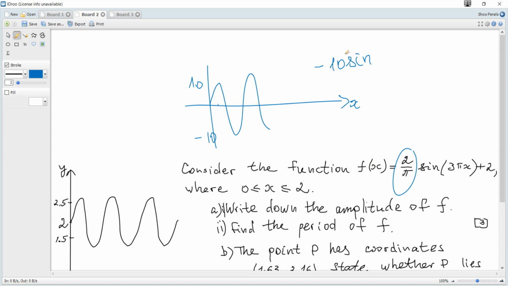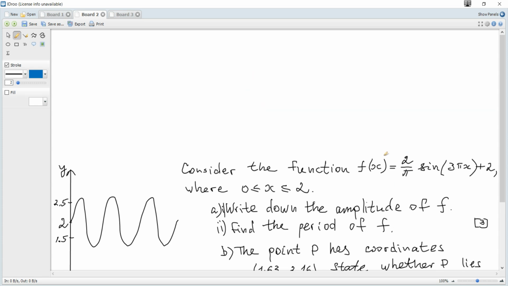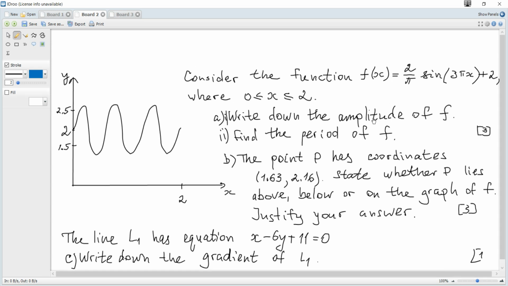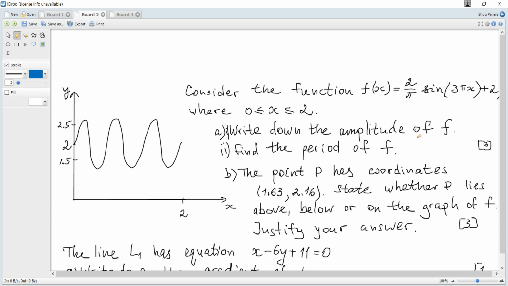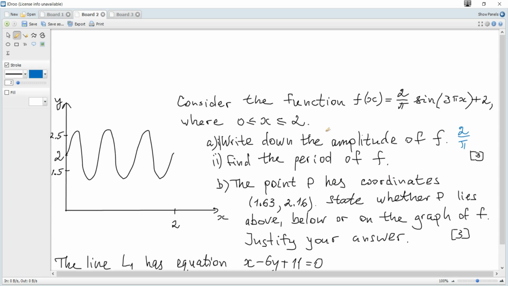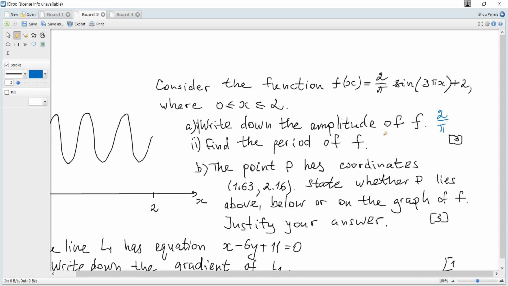So the amplitude is just this coefficient in front of cosine or sine, without the minus if it is present. And so the amplitude is 2 over pi.